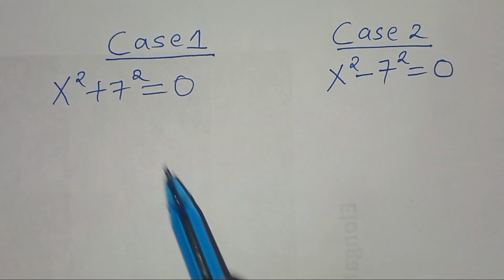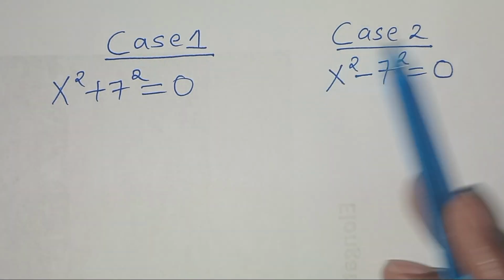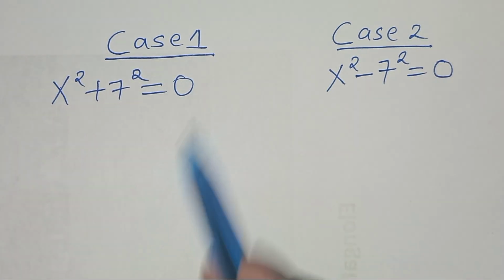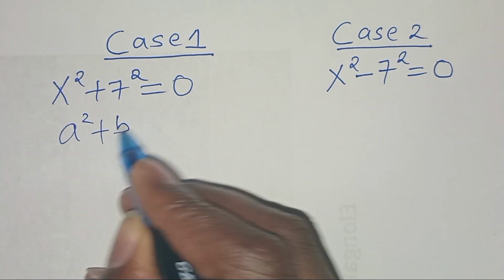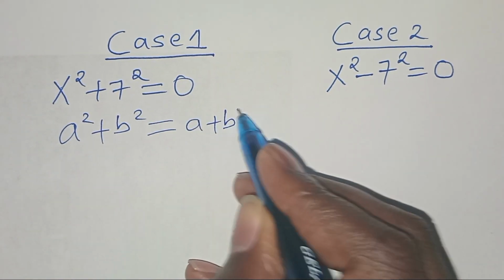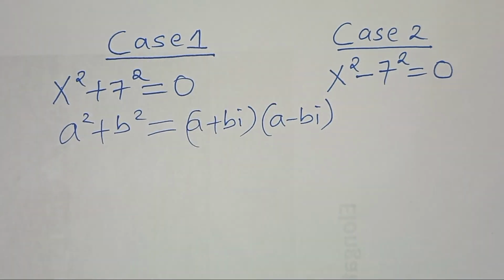So we have case 1, x squared plus 7 squared equal to 0, and case 2, x squared minus 7 squared equal to 0. So let's start with case 1. This is in the form of a squared plus b squared, which you can express as a plus bi, a minus bi.